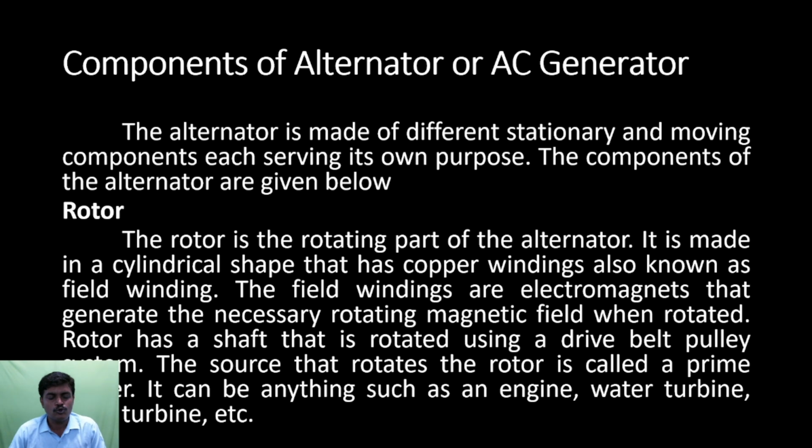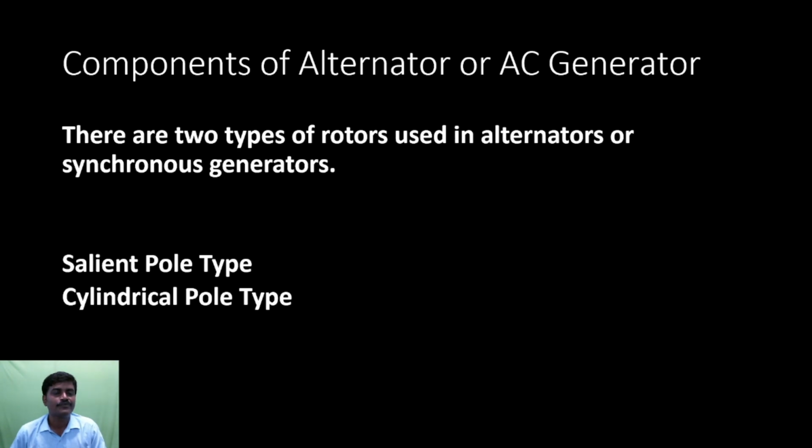The source that rotates the rotor is called the prime mover. It can be anything such as an engine, water turbine or wind turbine. So this is the thing in the rotor.